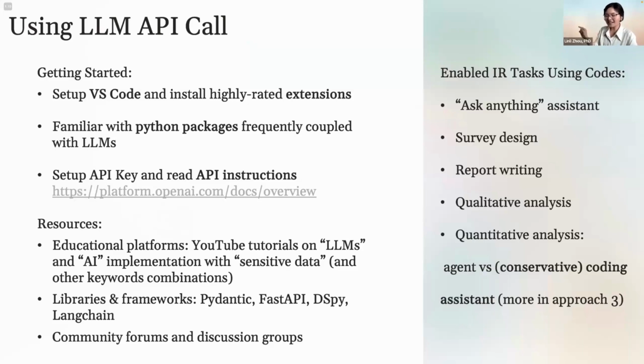And for the quantitative analysis, as I slightly mentioned before, there is the agent. People say you can build an agent and you can ask a question and boom, the answer is there. But I believe it's a little bit too progressive. So for me, I still use a conservative approach of building my own code for my project, for every stage of my quantitative analysis, from cleaning, modeling, visualization, you name it, feature selection, stuff like that.